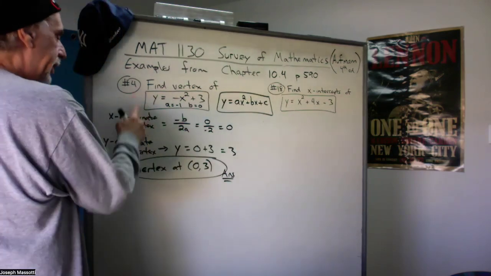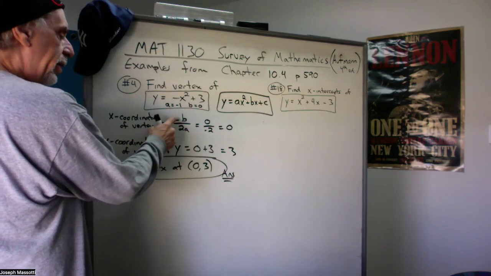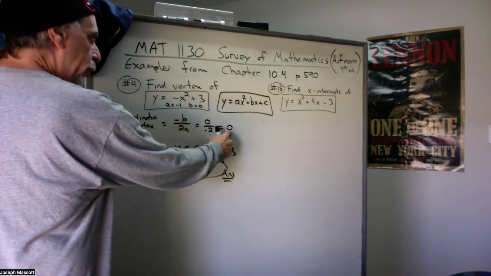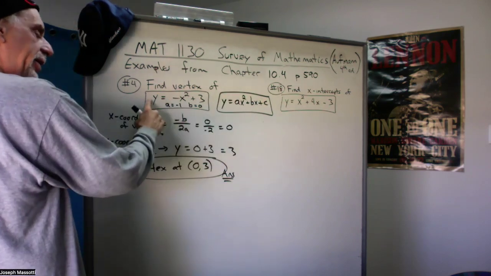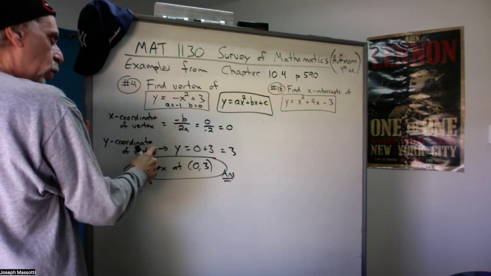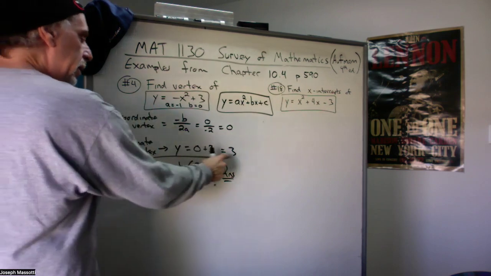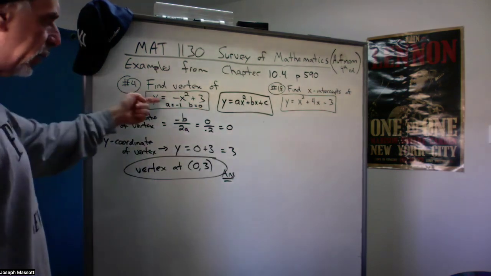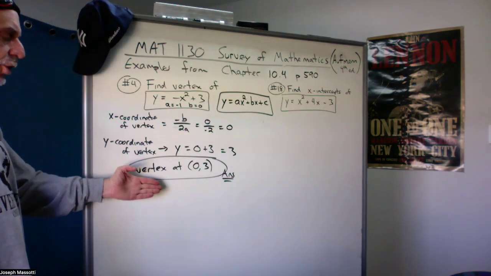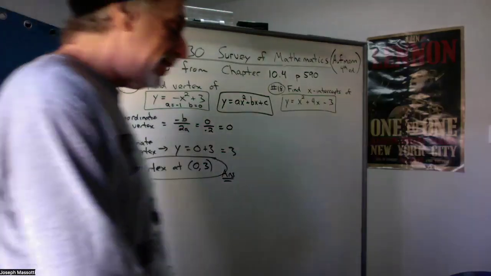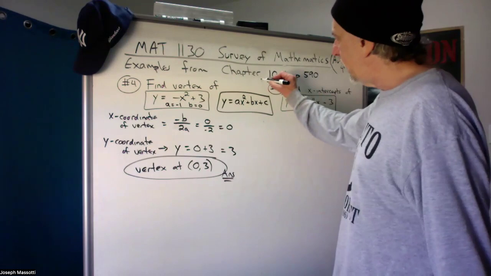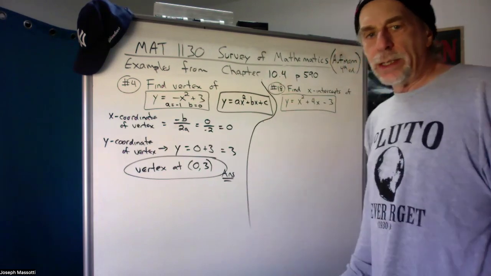But for the vertex, you form the x-coordinate using this ratio, negative b over 2a, and then you put that x value into the equation to find the y value, and that's going to be your vertex at the point 0, 3. And if you plug this into your calculator, you can check and make sure that that is the actual vertex.